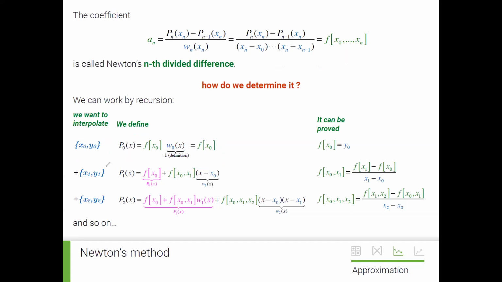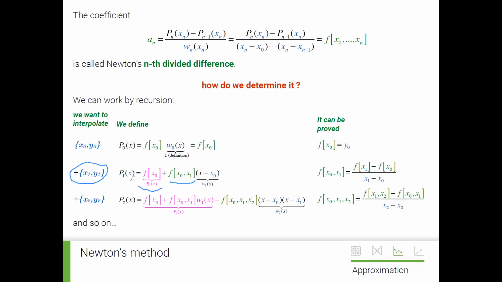Now, if we work with the second one, x1, y1, again here we can see it should be f(x0) plus this one times w1. Here it is just P0. Look here, P1 minus P0 over w1 times this equals this one.